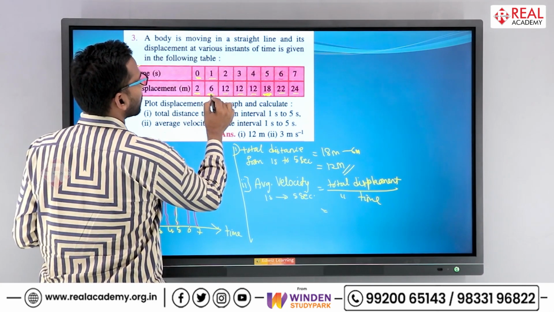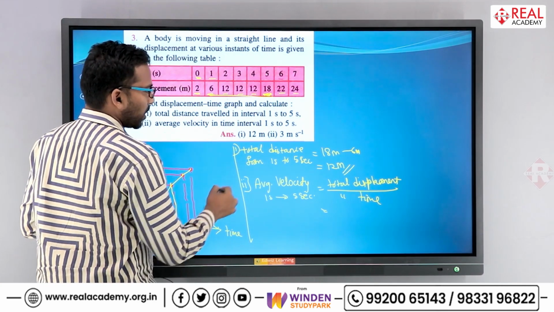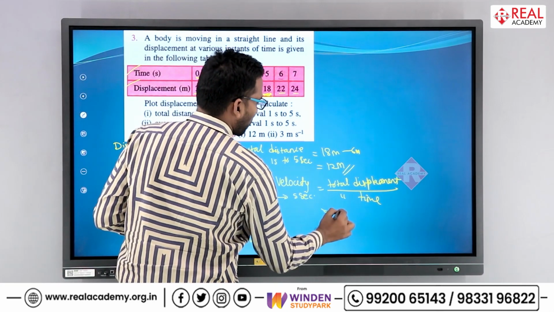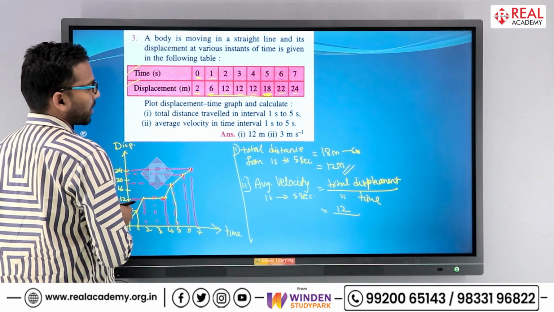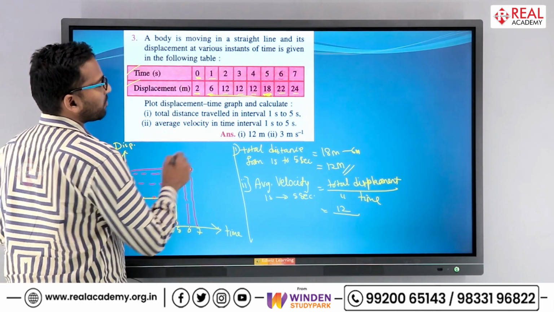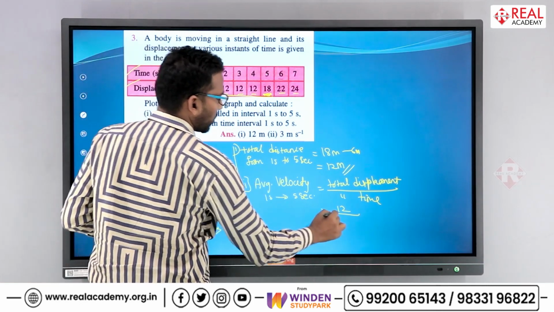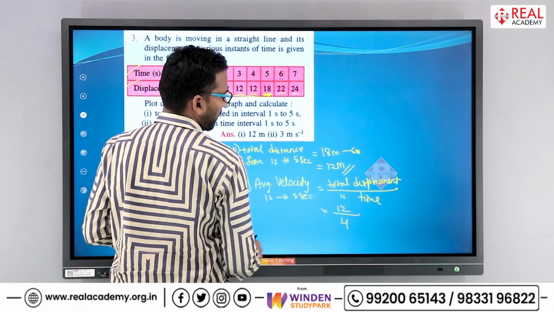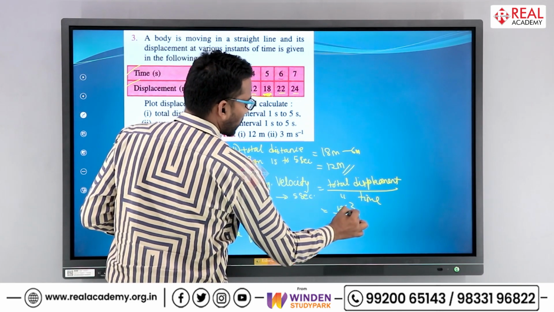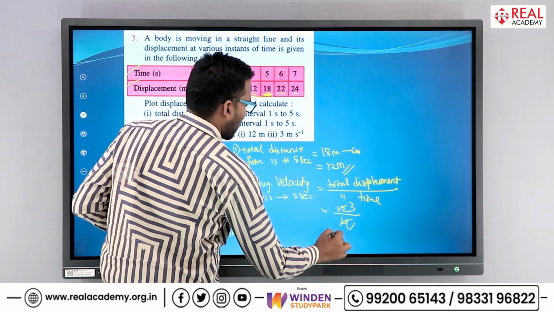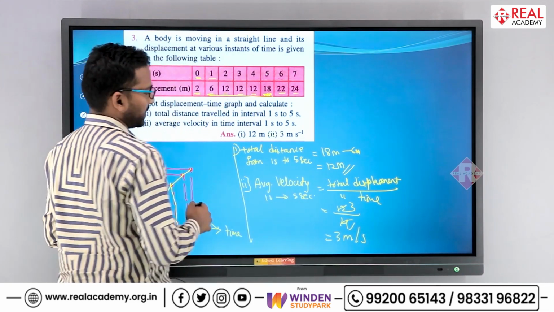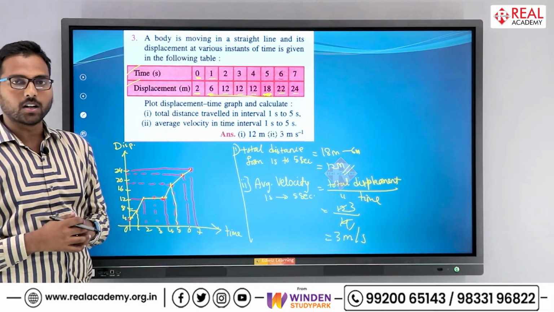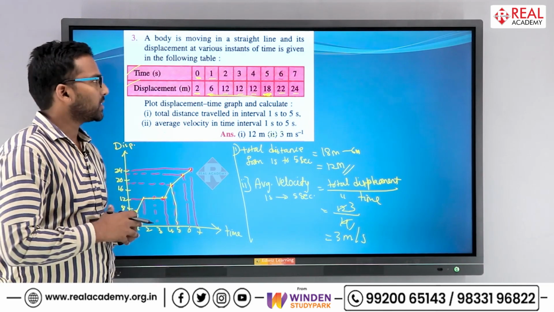What is the total displacement? Total displacement is 12 meter, what we have seen above. Upon total time from 1 second to 5 seconds, which is 4 seconds, right? So 12 divided by 4, we are getting answer 3 meter per second, the required answer. Everyone understood? Okay.